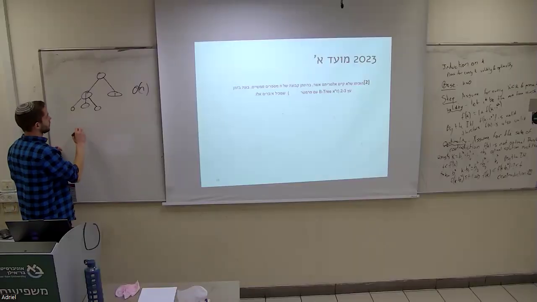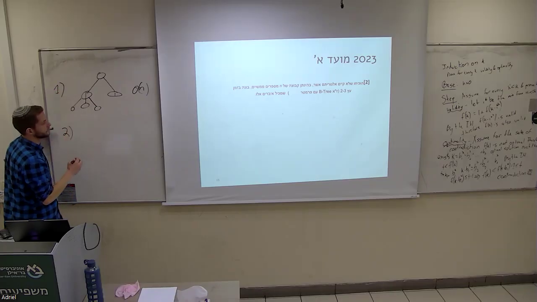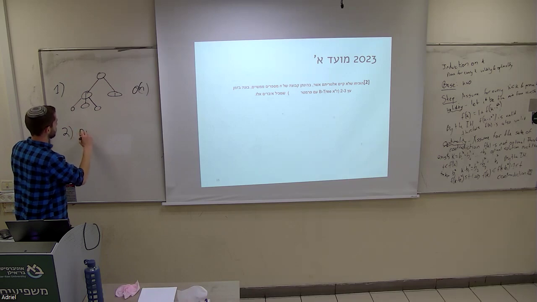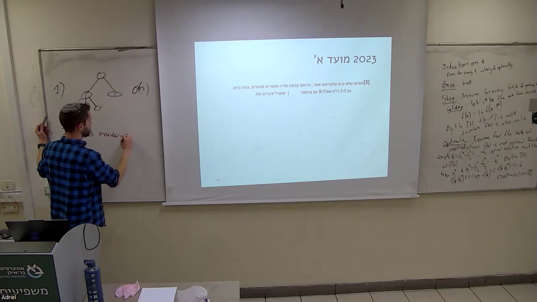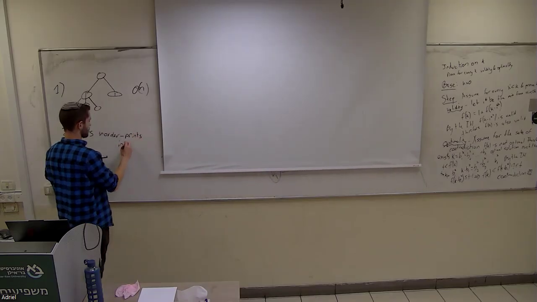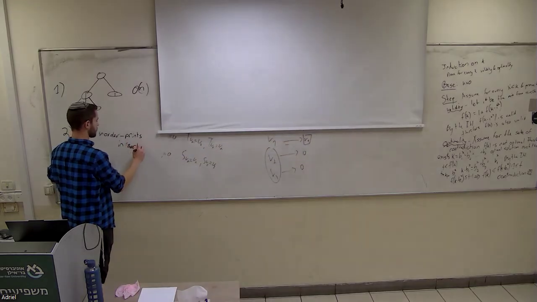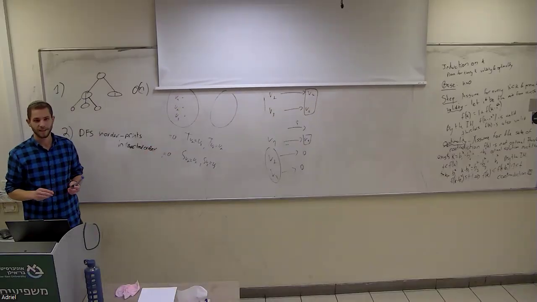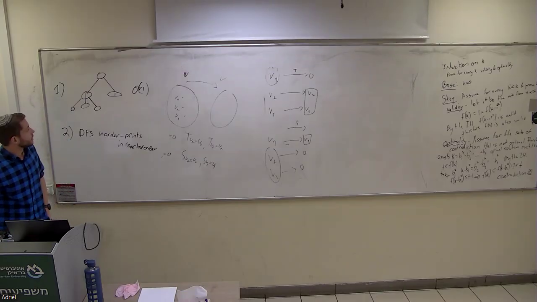So step 1 is run the algorithm, and step 2 is do a DFS in order, which prints in sorted order.